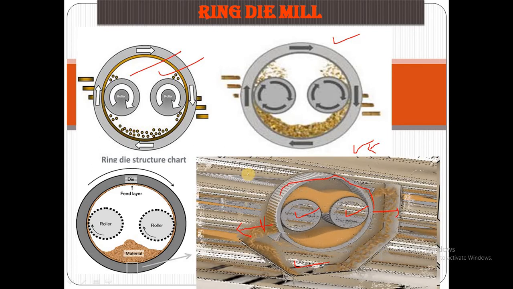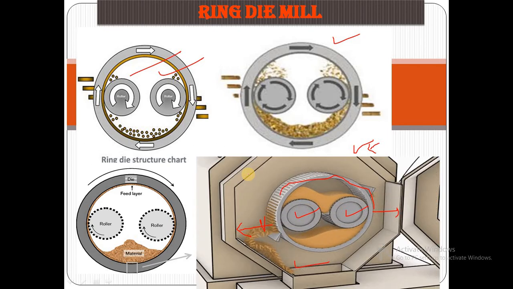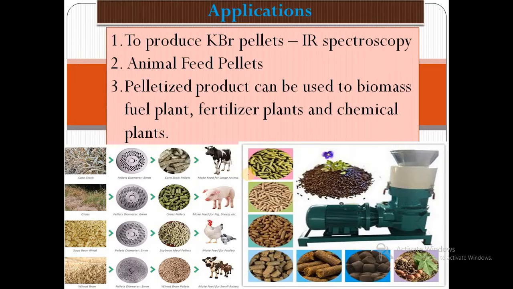So among pellet mills, first we saw the flat die mill, and second the ring die mill. Lastly, we will highlight the applications of the size enlargement technique. First, to produce KBr pellets for IR spectroscopy. IR means infrared spectroscopy.